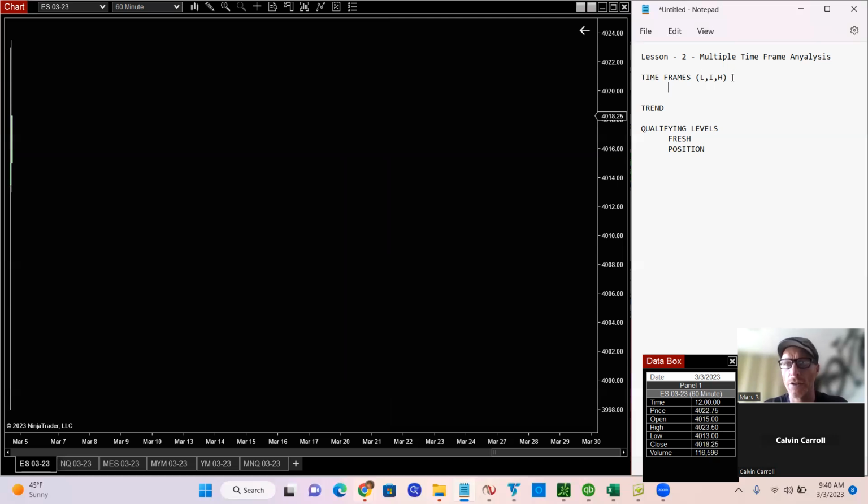And real quick, I just have this note here: L, I, and H. So low, intermediate, and high time frame, right? So one could trade a 1-minute.